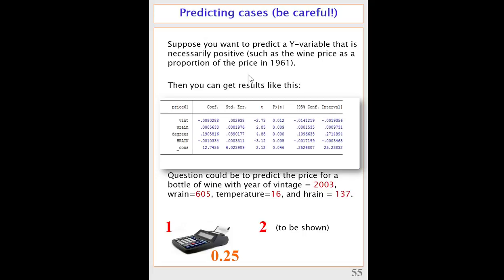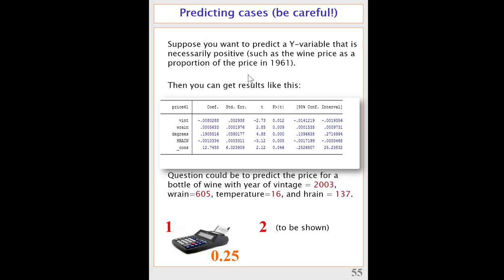So let's see, if you want to predict here, the year of vintage is 2003, and 605 millimeters of rain in the winter, and the temperature was 16, and H rain, not sure what the H is, harvest rain during harvest time, that was 137 millimeters. Then, let's see, a couple of ways to do it.